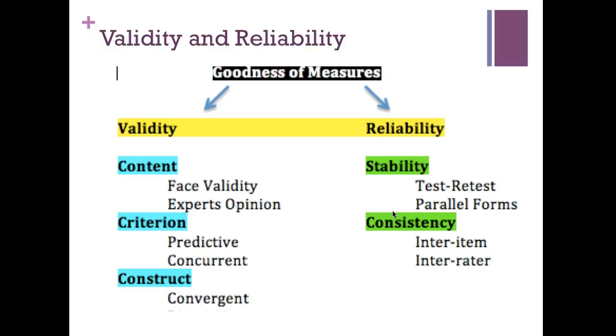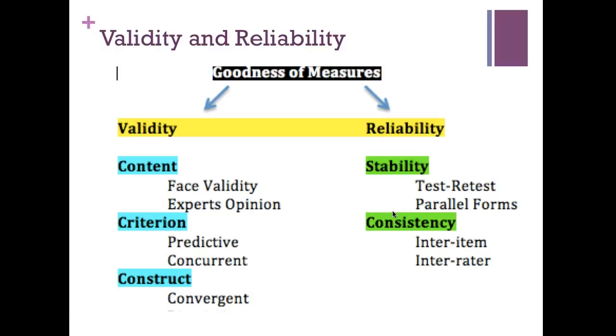So in your case, you're not going to have test, retest, and parallel forms on your own assessments, but the norm reference assessments and the criterion reference assessments definitely have test, retest forms and parallel forms, which work to create a sense of reliability: you can do it again and again and get the same results on the same items with the same distribution, because they're that clear and consistent.